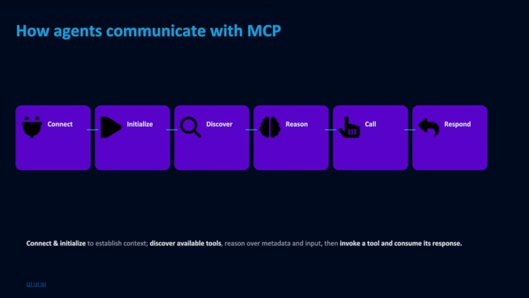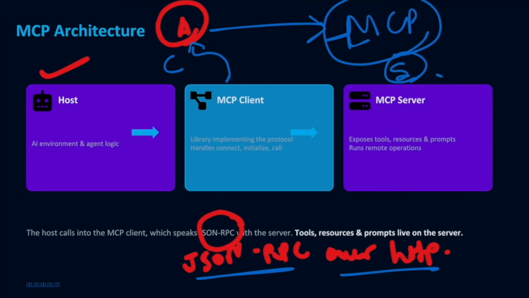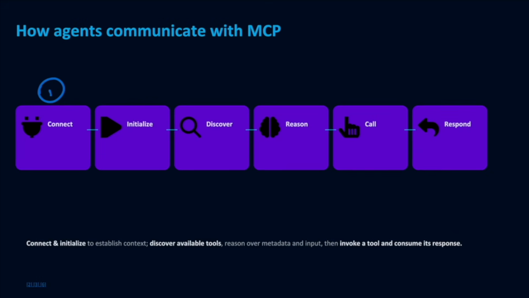Now let us understand how agents communicate with the MCP server. Let's look at this communication flow. The first step is connect. Connect is where the host, which is your agent, connects to an MCP server. This can happen in two ways: one is the STDIO way and the other is streamable HTTP, or normally HTTP.